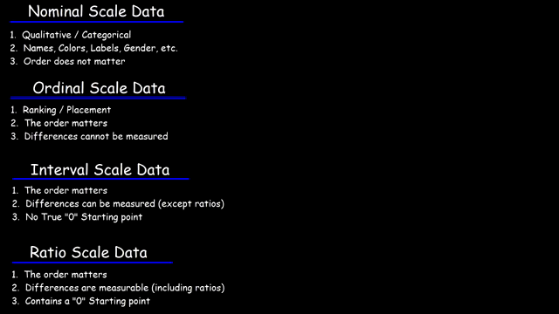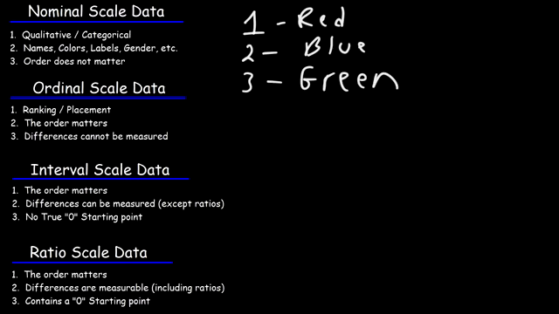So let's talk about the first one, the nominal scale data. As we said before, this is a qualitative form of measurement. It's categorical, so it can include names, colors, labels, and things like that. For instance, we could assign a 1 to the color red, 2 to the color blue, 3 to, let's say, the color green, and the order in which we place it really doesn't matter.